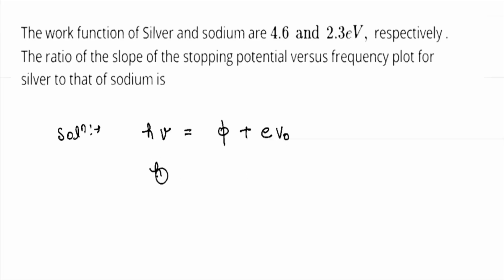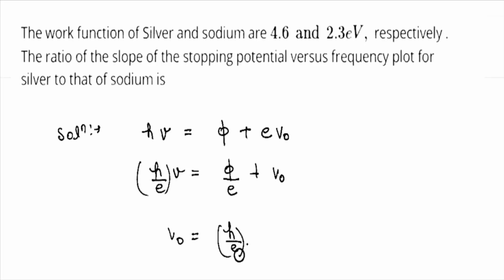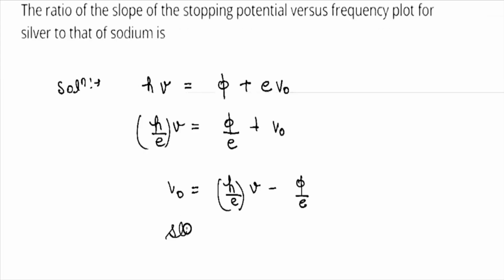So from this we can write V naught, the stopping potential, is equal to h divided by e multiplied by nu, the frequency, minus phi divided by e. So from this we can say that the slope is h divided by e.